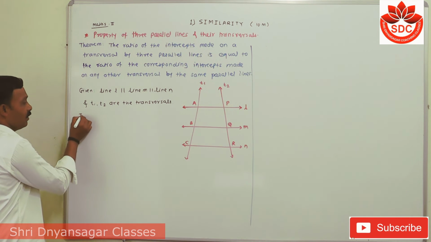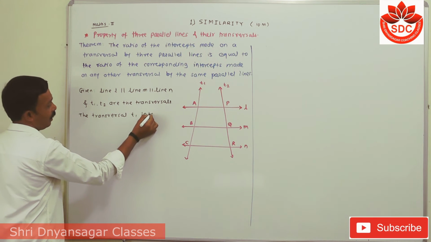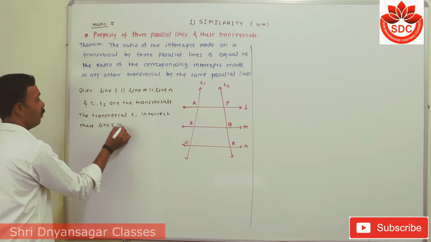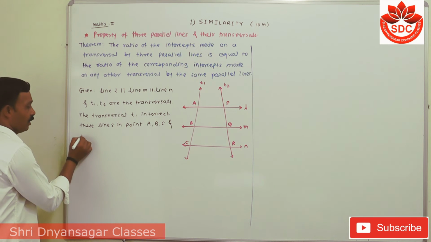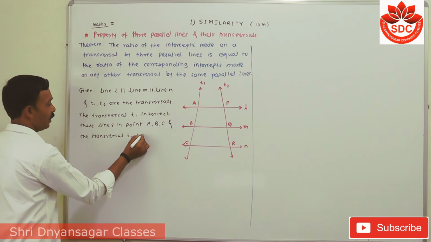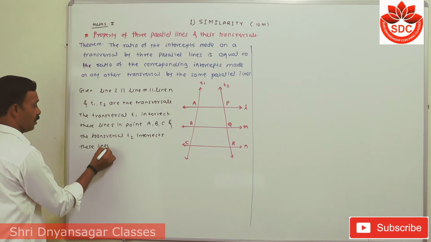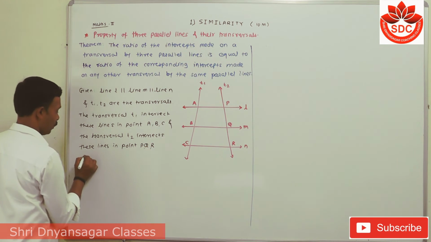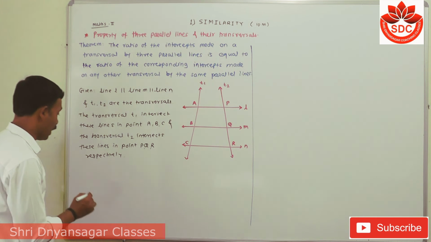The transversal T1 intersects these lines at points A, B, C, and the transversal T2 intersects these lines at points P, Q, R respectively. This is already given.